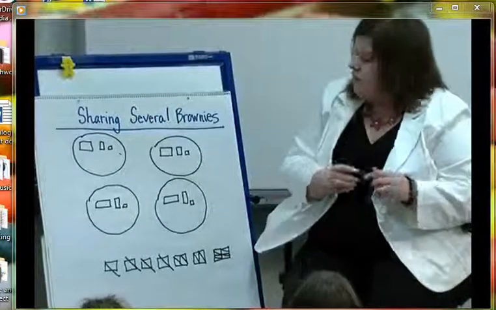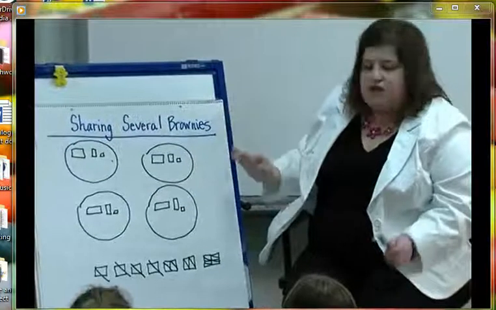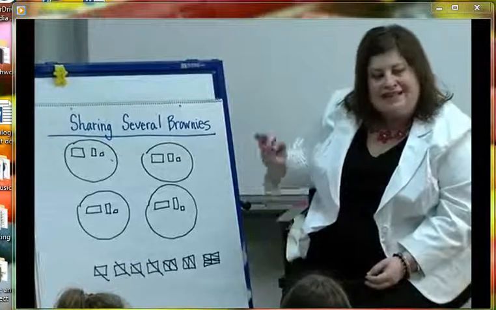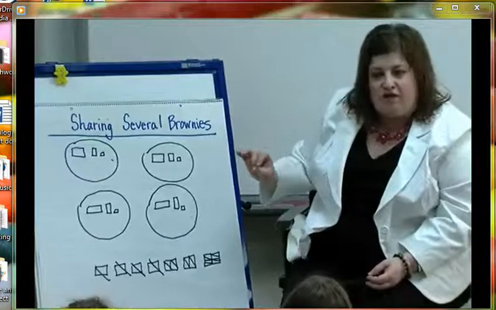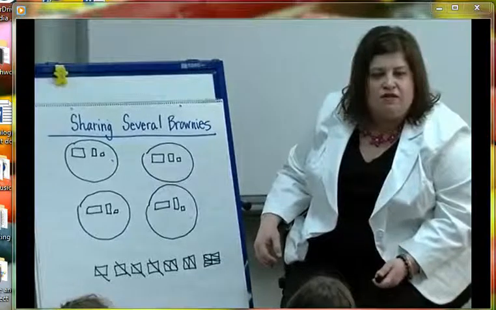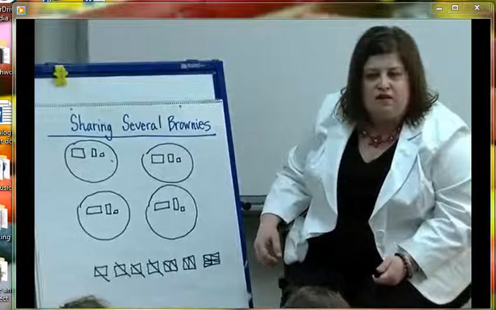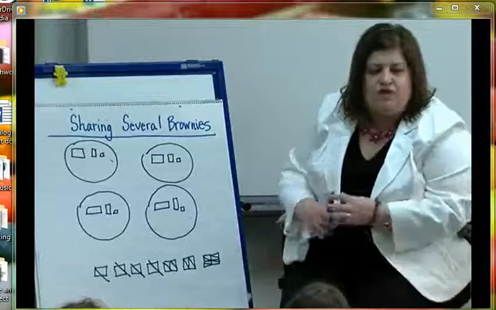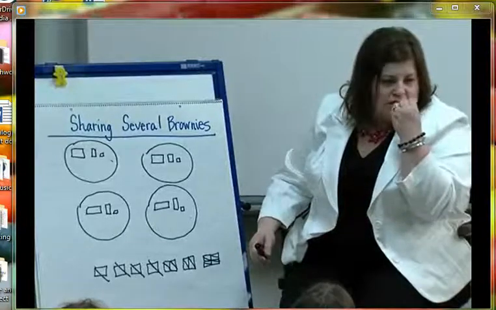Okay, let's look at the solution here. In just a minute, I want you to talk with your partner about, did they get an equivalent share? Let's remember about the word equivalent. Reach up into your mind and think about the word equivalent. I want you to whisper into your hand what the word equivalent means.